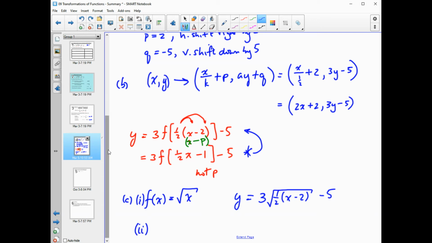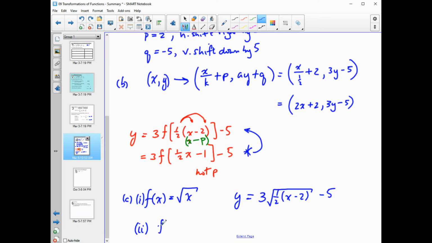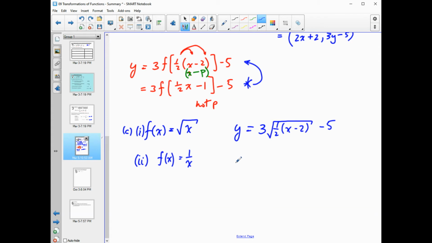The second one I wanted to consider in this way is 1 over x. So what if f of x instead is 1 over x? Now, to put that into xy notation, well, it's 1 over whatever was inside the bracket, which was 1/2 times x minus 2.